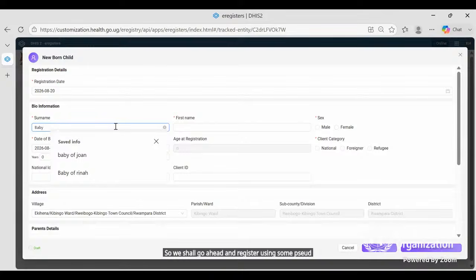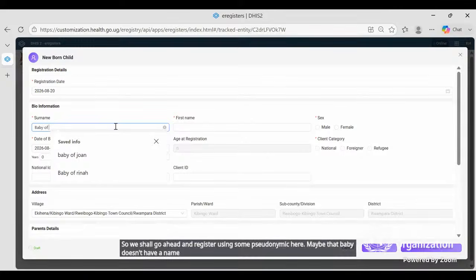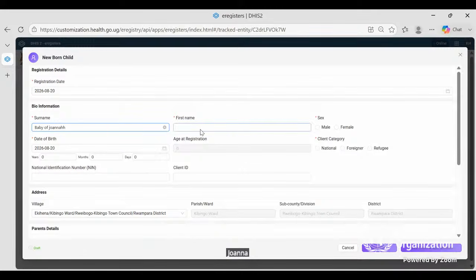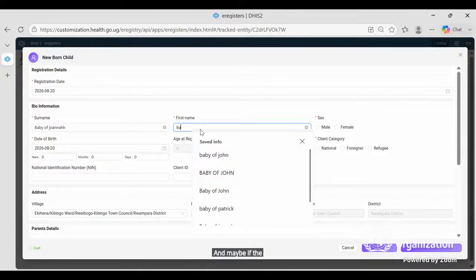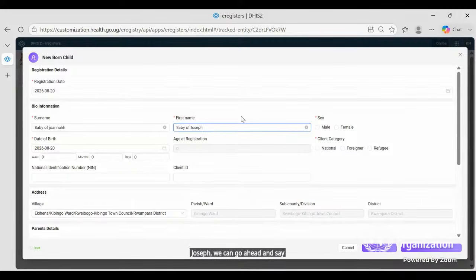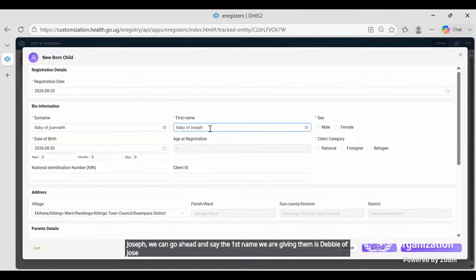Maybe the baby doesn't have a name. We can say baby of Joanna. And maybe if the father was Joseph, we can go ahead and say the first name we are giving them is baby of Joseph. And these are really not permanent, because we saw that on our profile, we can edit.